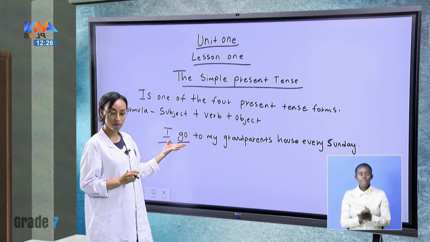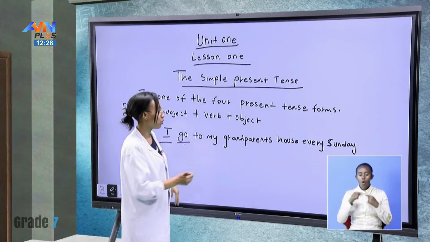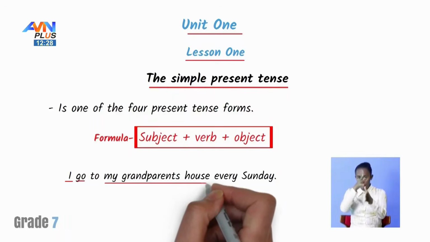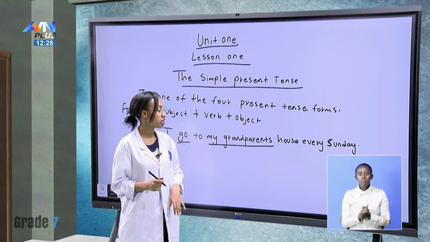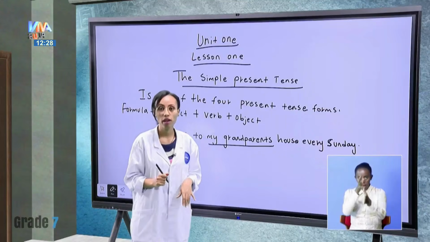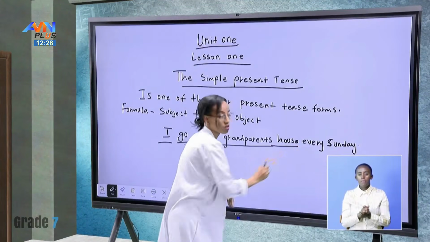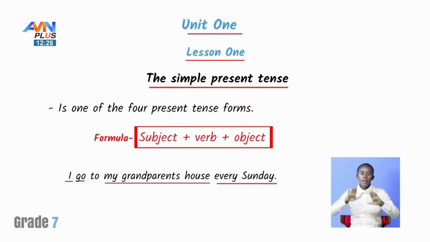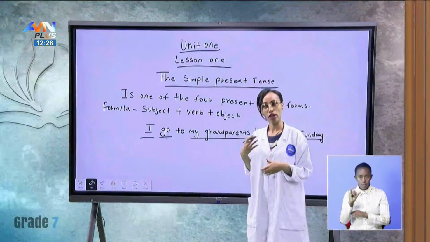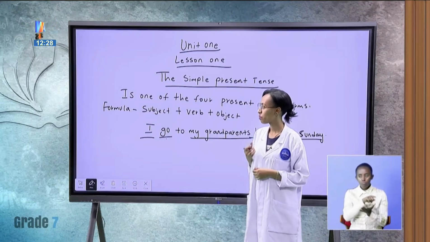The object is grandparents' house. Every Sunday here is also an indicator of things that you do repeatedly.